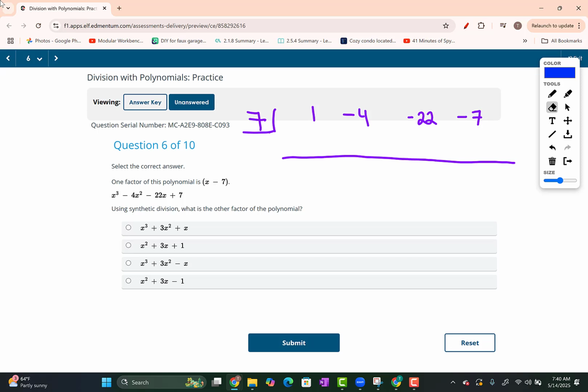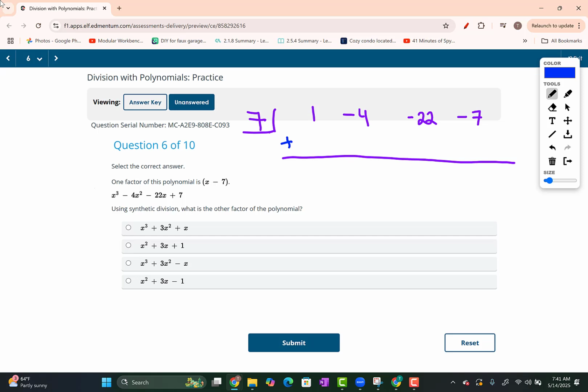But now we've set it up, again, with our coefficients across the top here and the root of the divisor over here. And now we're going to go through the process where we add and then multiply repeatedly. So we're going to start with the 1, and we're going to add to it the number underneath the 1, which you'll notice, it's a trick question, there's not a number underneath the 1.